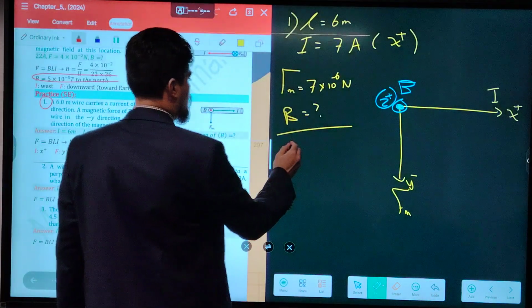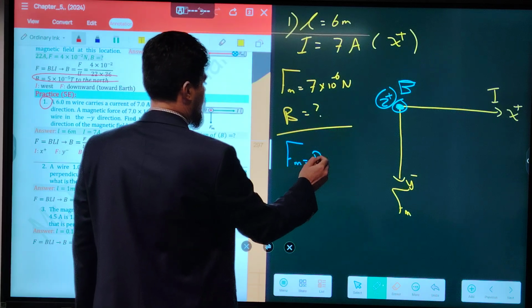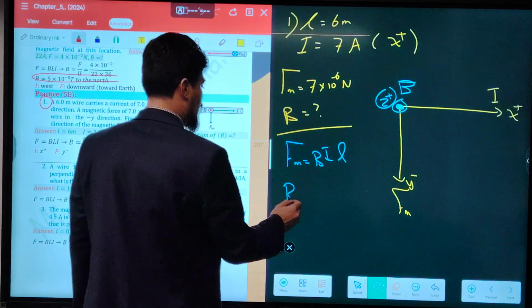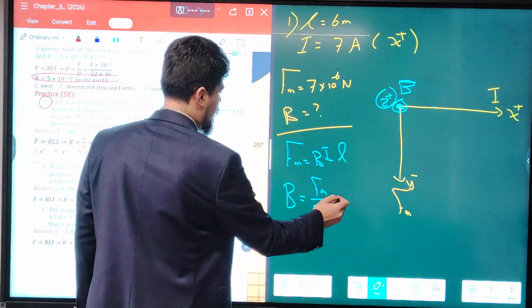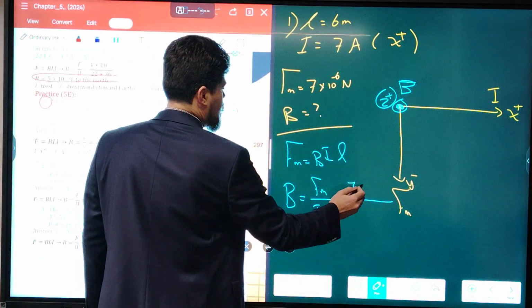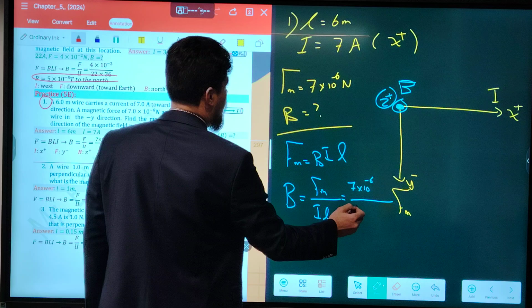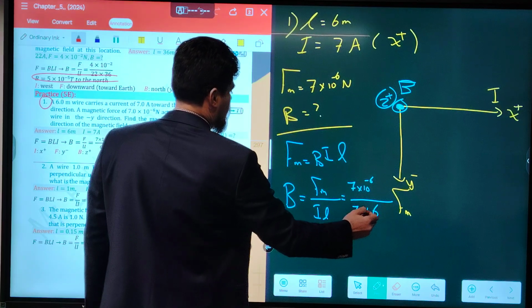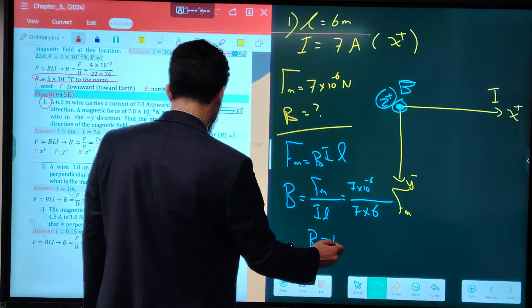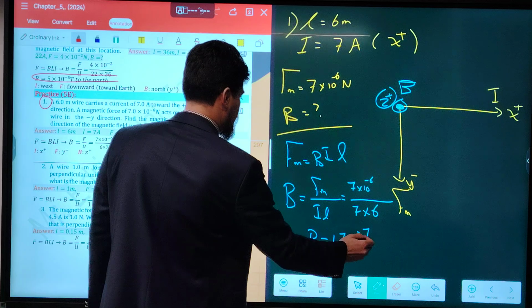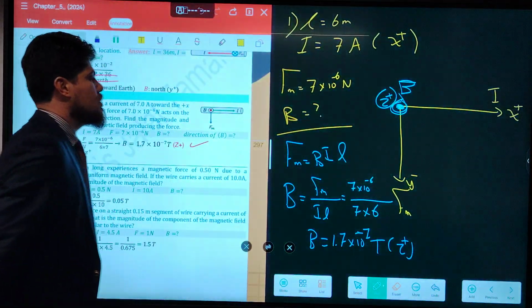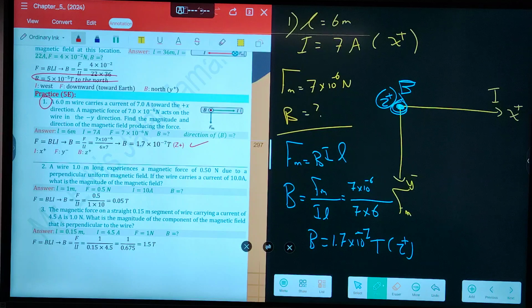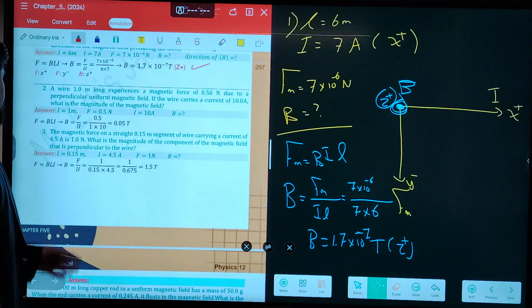Magnetic force is equal to BIL. Rearrange the equation. Force over IL. Do we have force? Yes. 7 times 10 power negative 6. I, 7. L, 6. Magnetic field is equal to 1.7 times 10 power negative 7 Tesla, Z positive. How did you find the direction of the magnetic field? By using right hand rule.